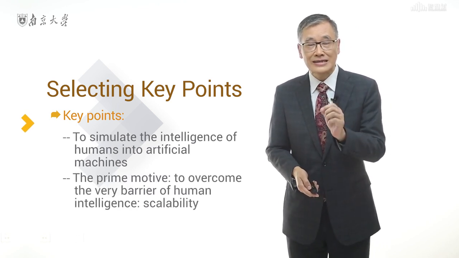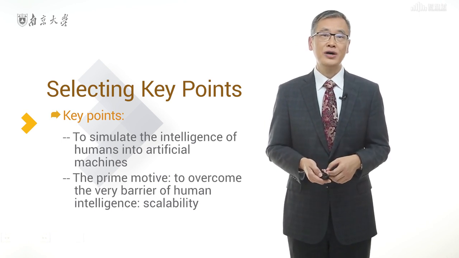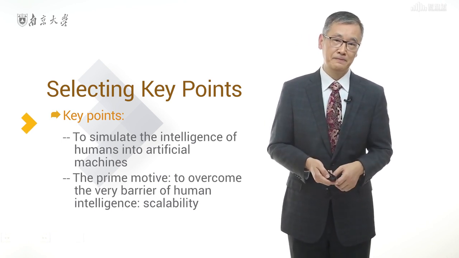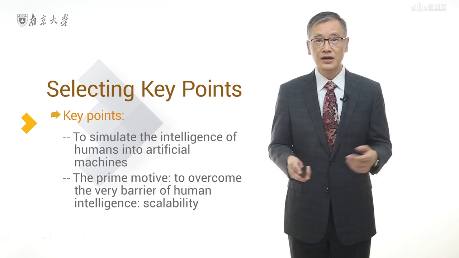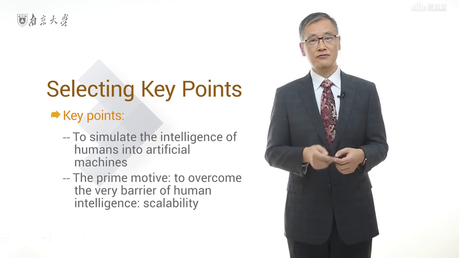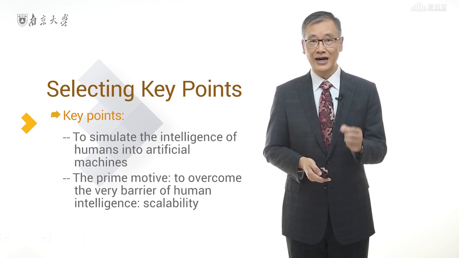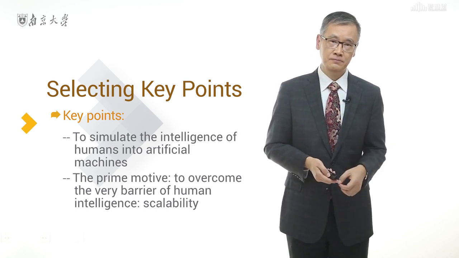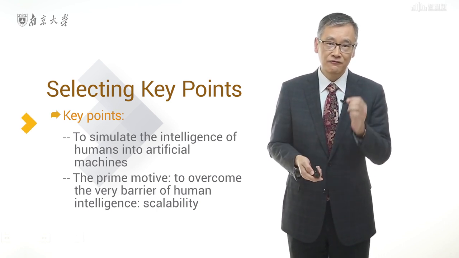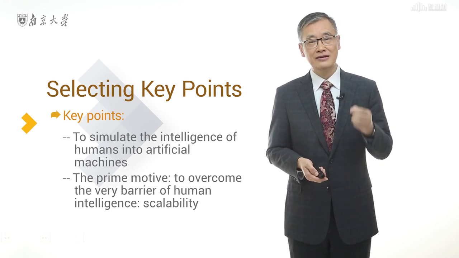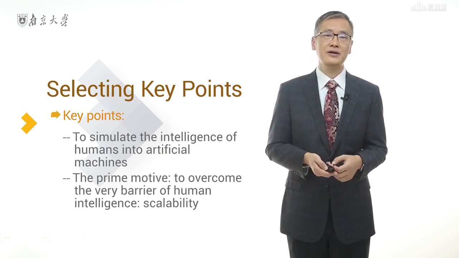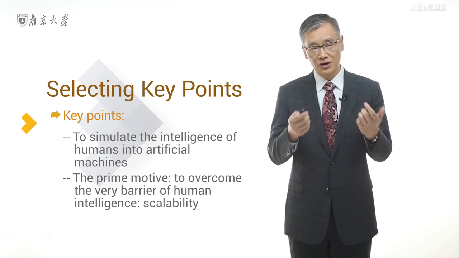The next three sentences talk about the prime motive of AI. Sentence 3 points out the barrier of human intelligence that AI wants to overcome, while sentences 4 and 5 provide the details about the barrier and how AI can overcome it.